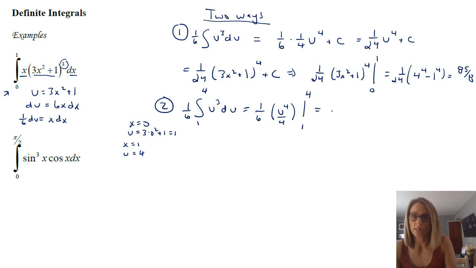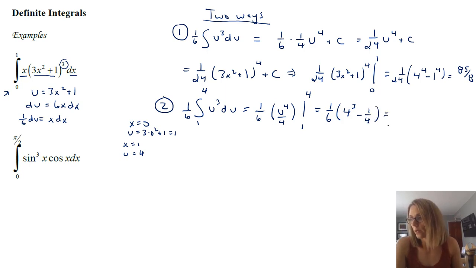And what I really want you to see is that this is exactly the same as what we've already been dealing with here, if you think about it, because when we do 1/6 and we put in 4, that's going to give me 4 to the 4th over 4, or 4 cubed, and then I have minus what happens when we put in 1, which is just going to be 1/4.